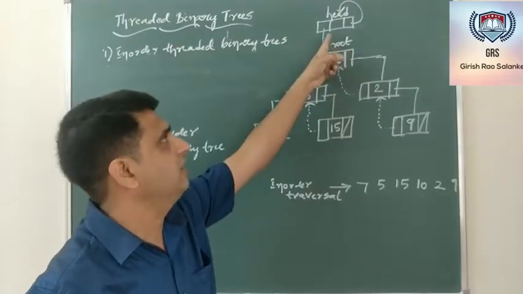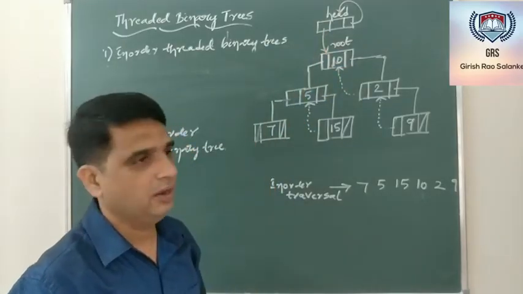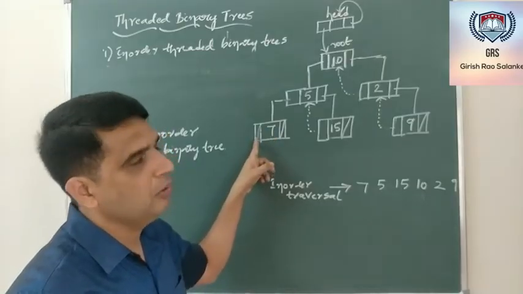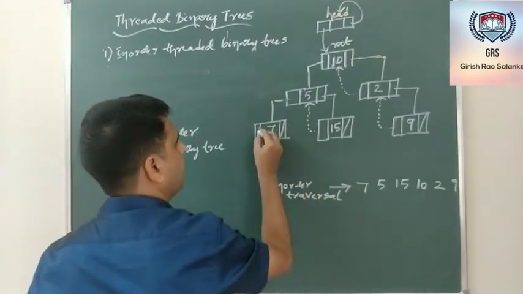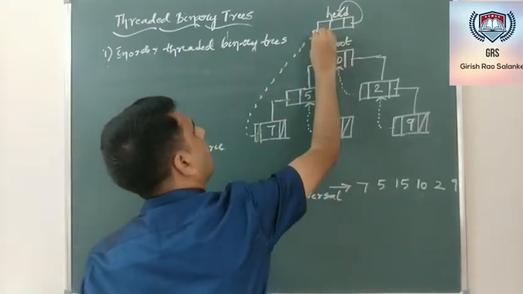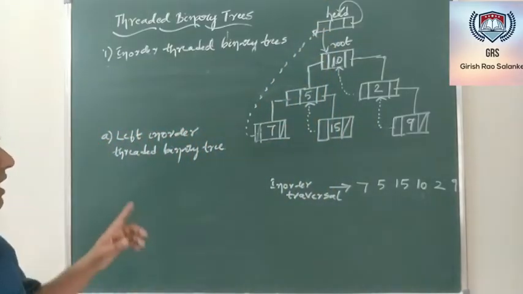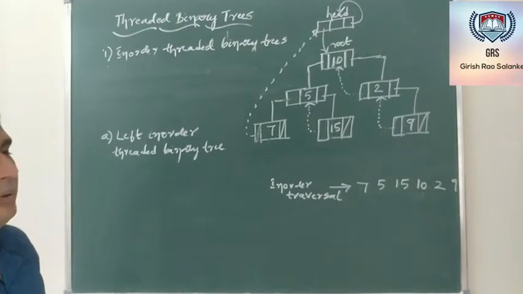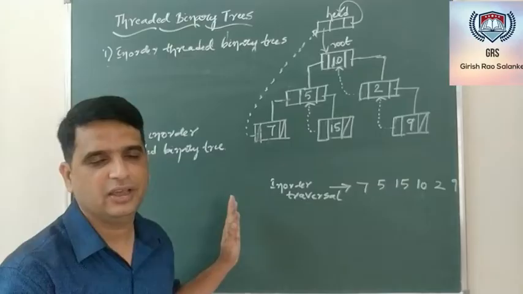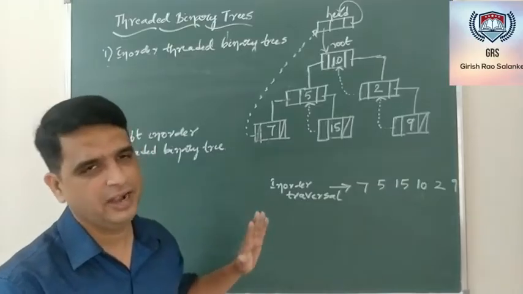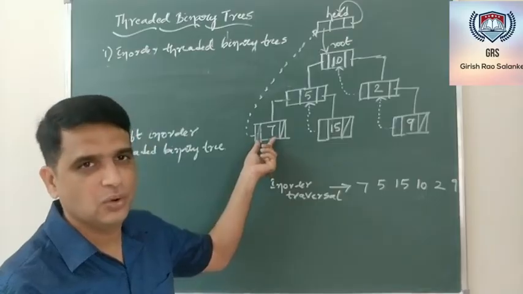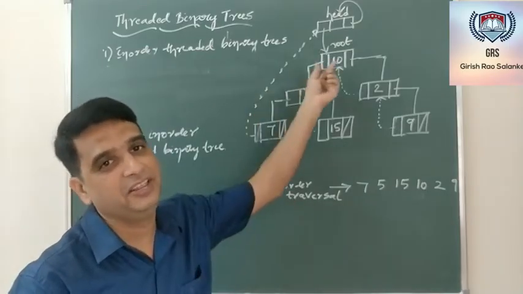Root node address is there in head of left. Now this 7 left address can point to the header node. So this is about the left in-order threaded binary tree. Hope this is clear. Note that in case of left in-order threaded binary trees, the left address of each node will be pointing to its predecessor.